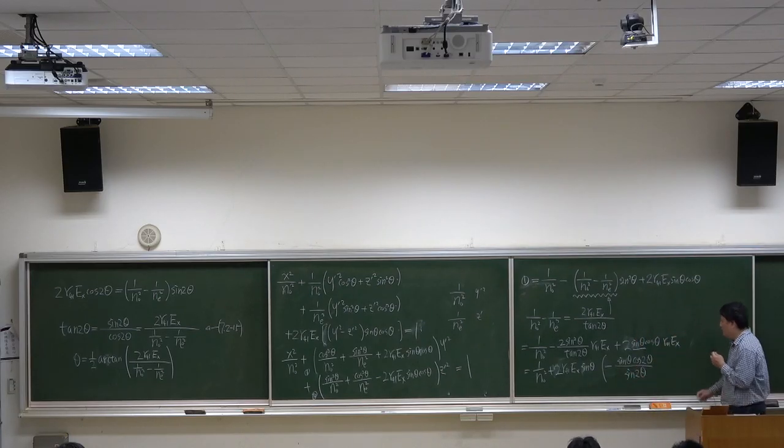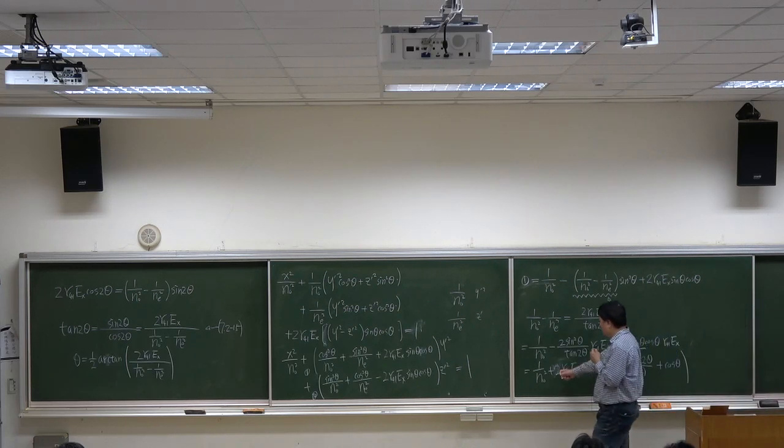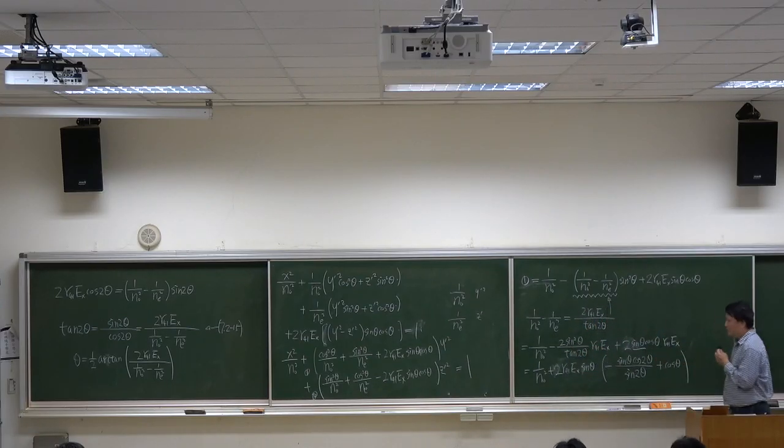Okay? And this part we have cosine theta. 2 r41 Ex sin theta times this.